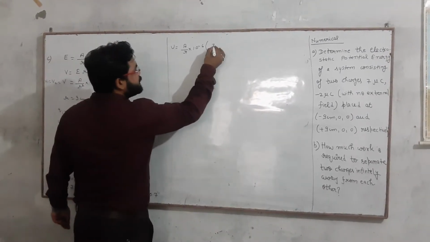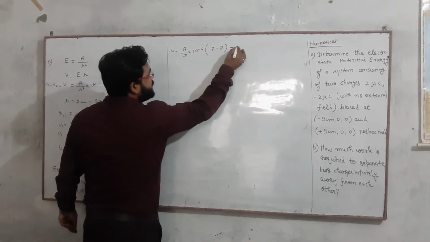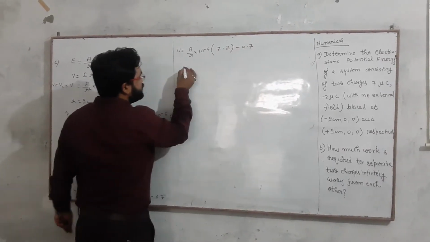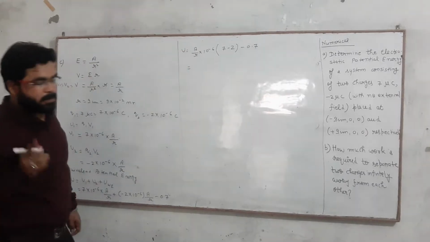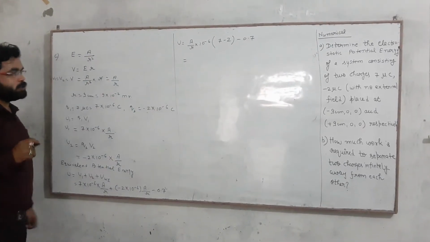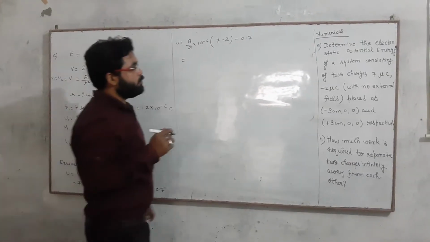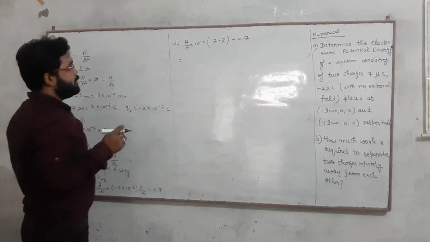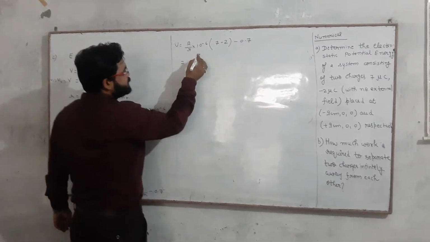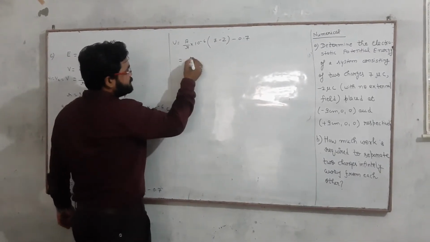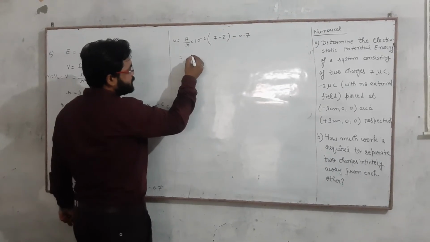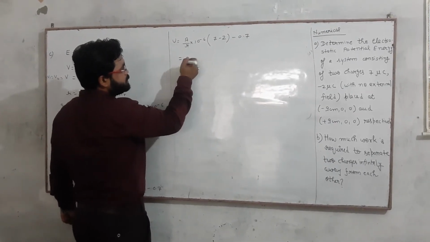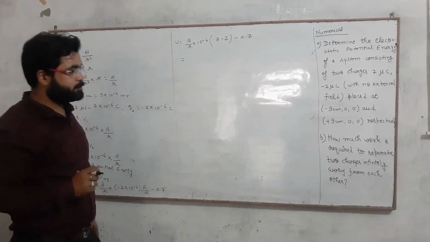Now in the bracket it is 7 minus 2 minus 0.7. So what is the value of A? The value of A is given in the question, and I have written the question.